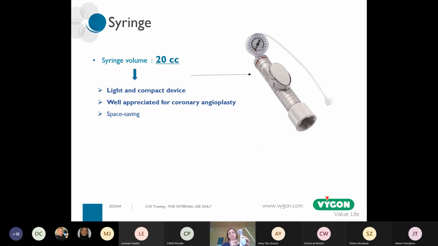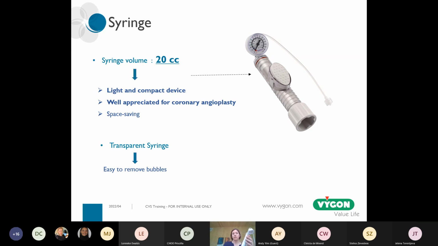The syringe is a 20 series syringe, so it is a compact and light device, and that's why it is well appreciated for coronary angioplasty, because when you are in the cath lab, you have less space in the drape. It is space saving and compact, so it is very appreciated for coronary.